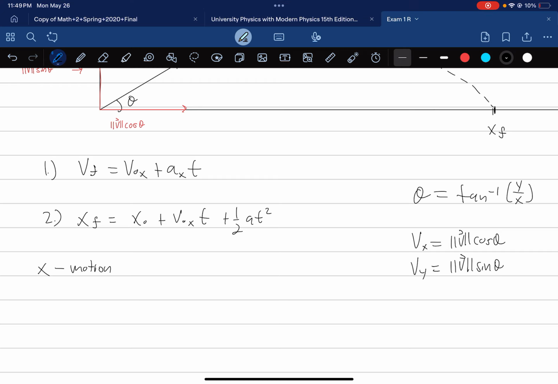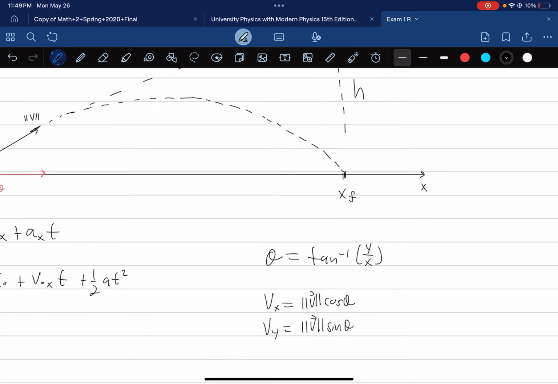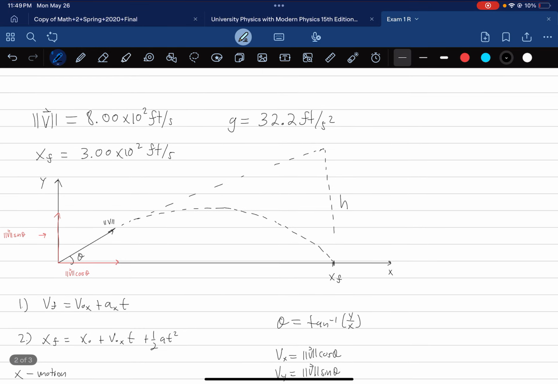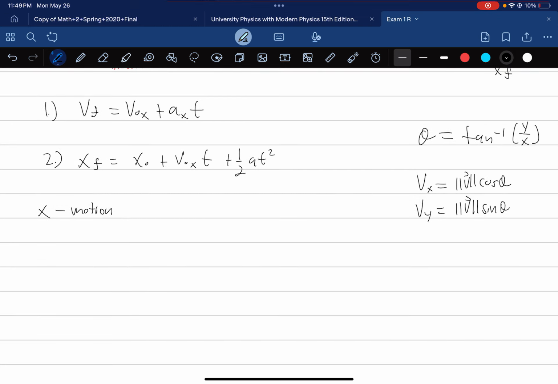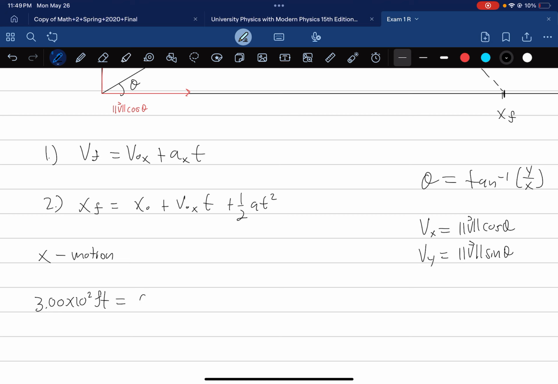So for x direction motion, we will use, so our final, we know that our final point where it's gonna land is already given, which is 300 feet. So I'll just put 300 feet is equal to x naught. X naught is obviously 0, so we don't really need that.